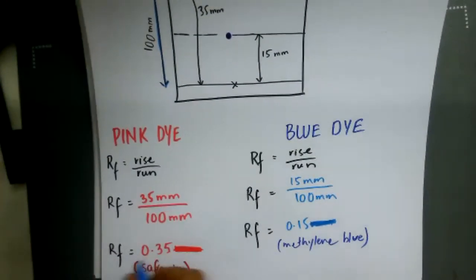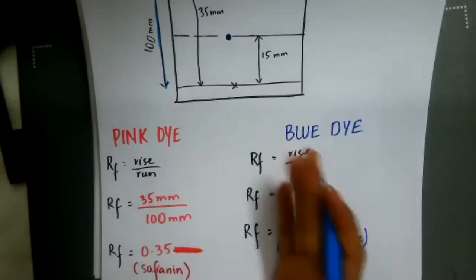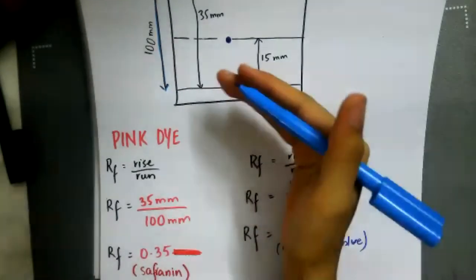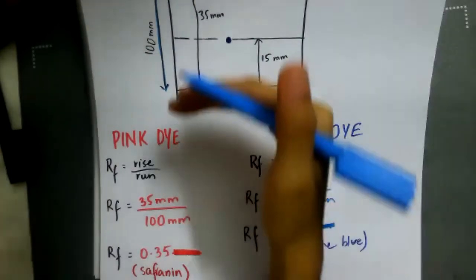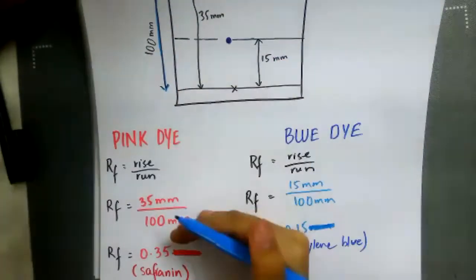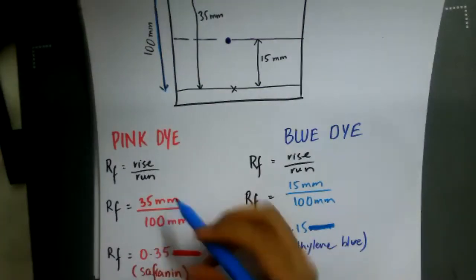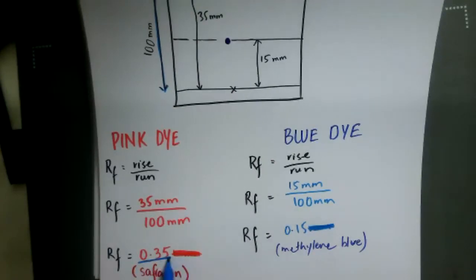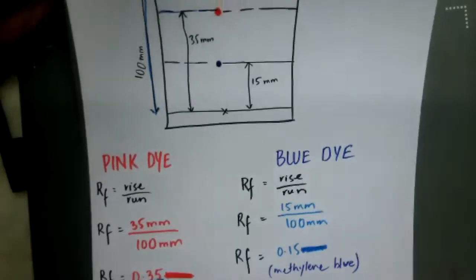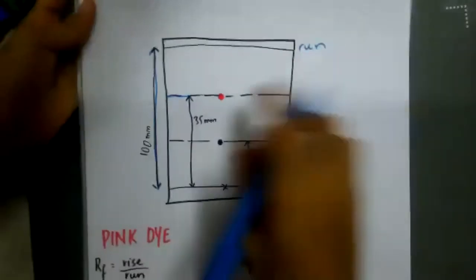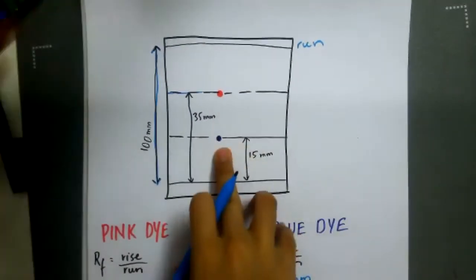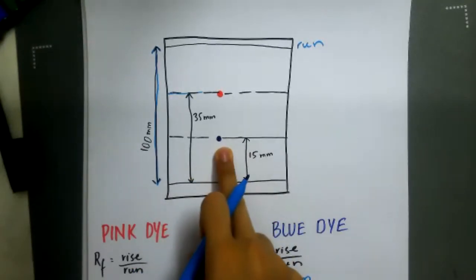And once I get my RF value, I can open up my table where all the RF values are listed with their substances. So I see that the RF value of 0.35 is for safranin, which must be the substance over here.